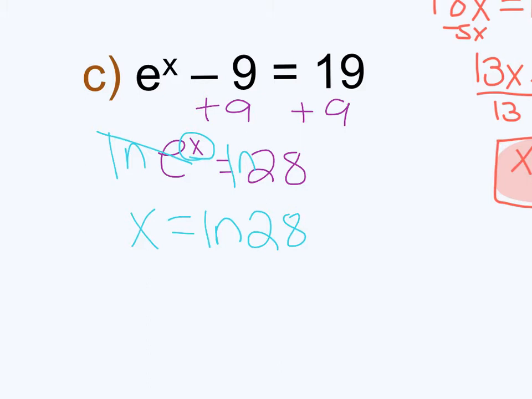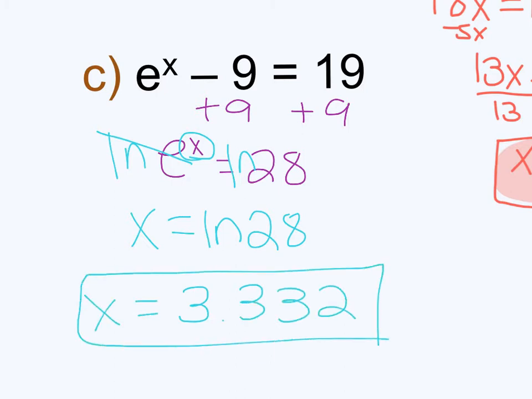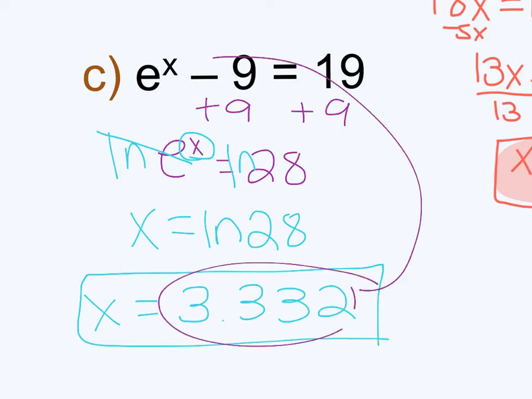And I get 3.332. And with a calculator, these are relatively easy to check, because if I just take that and I plug it back in as the exponent here, you can do e to the 3.332.